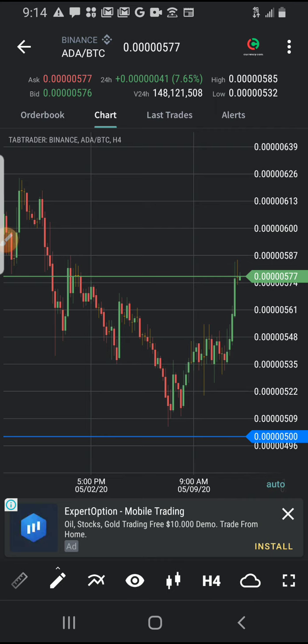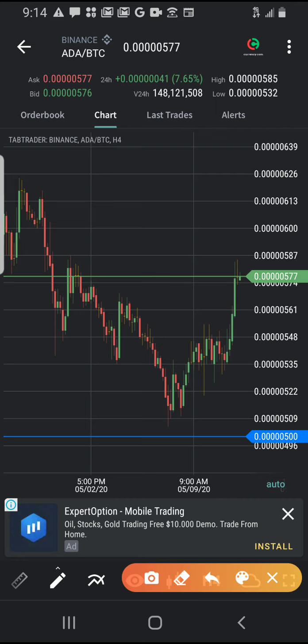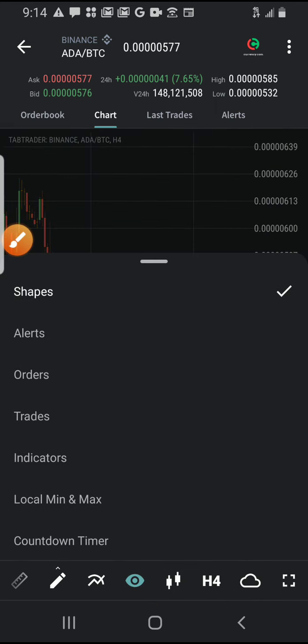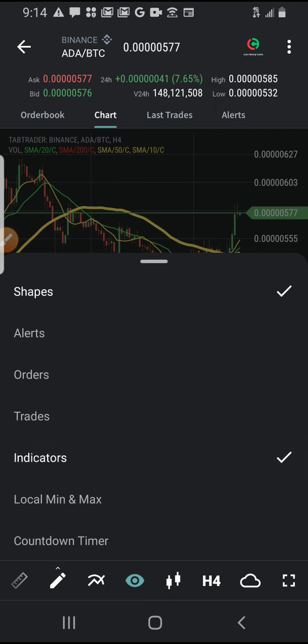What we want to do is enable the indicators. First, let's click on this eye here. We click on it and then we say indicators.